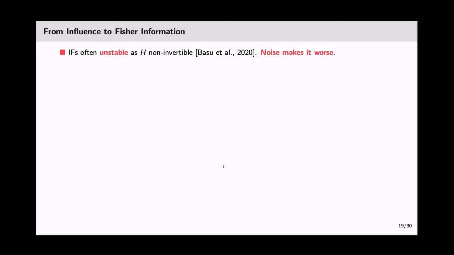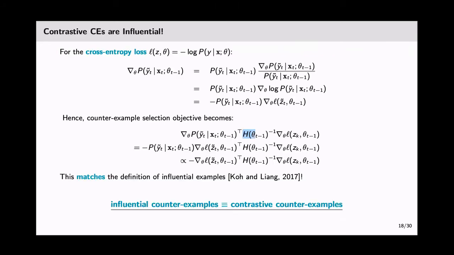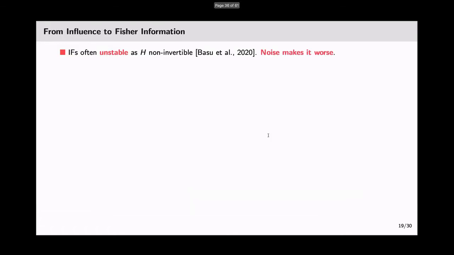The problem with the influence function is that the Hessian that we have here is not invertible, and this makes the influence function very unstable, especially in our setting where we have noisy data.